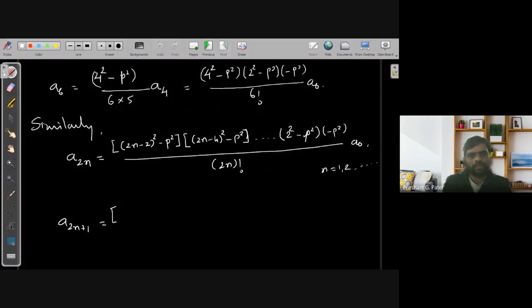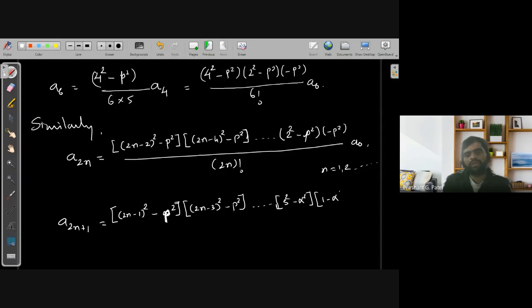So again it is (2n minus 1) square minus p square, then it is (2n minus 3) square minus p square, up to so on, 3 square minus p square, 1 minus p square upon 2n plus 1 factorial into a1. And this is also true for n running from 1 to infinity.